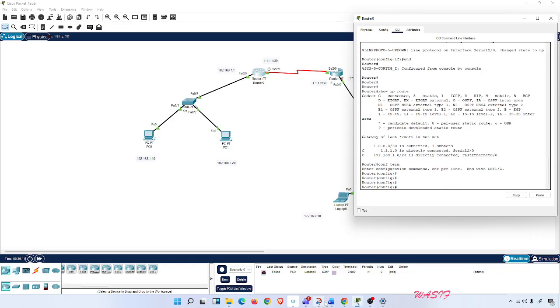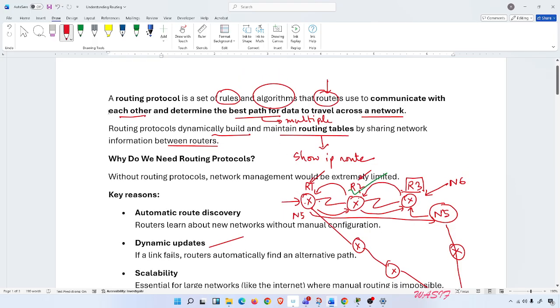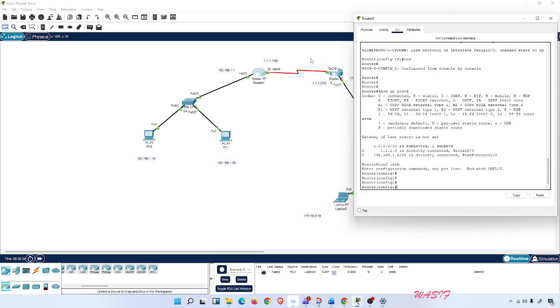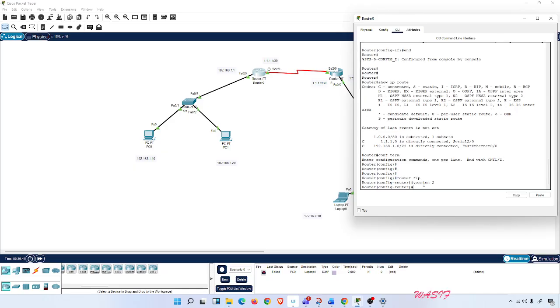So if you look according to the definition, it communicates with each other. That means from one router to the other router. Is that clear? It's not on the same router, it says one router to the other router. Okay, so router RIP version 2, network... I'm not explaining anything, sorry.